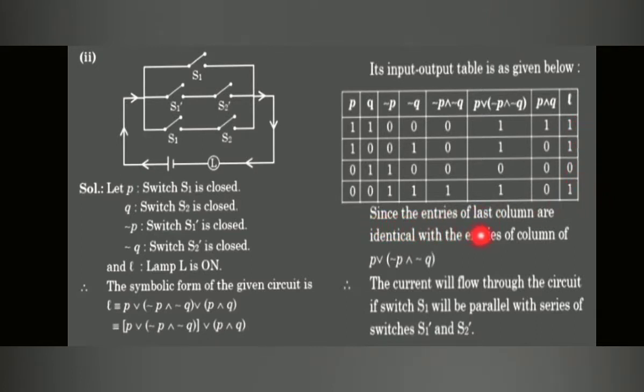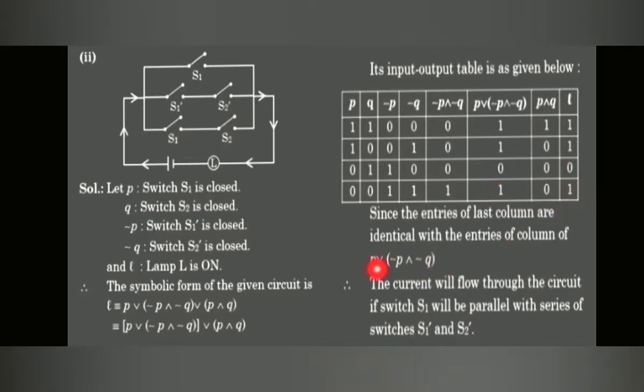Since the entries of the last column are identical with the entries of the column P or negation P and negation Q, the entries of this column are the same as this column: 1, 1, this is 1, this is 1, here 0, here 0, and here 1, here 1.